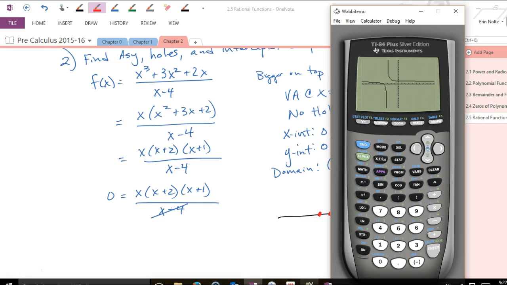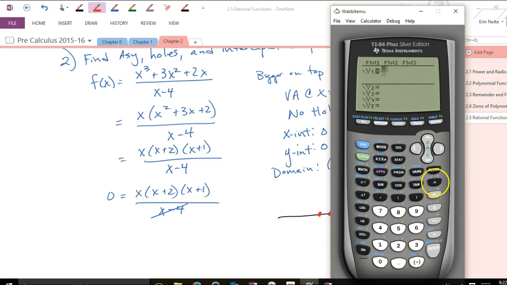Okay, so then I'm going to just go ahead and type this again into the calculator to help me graph this. So I'm going to hit alpha y equals again since I'm dealing with a rational function.